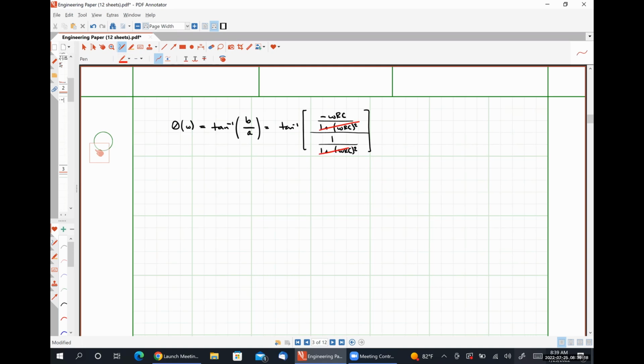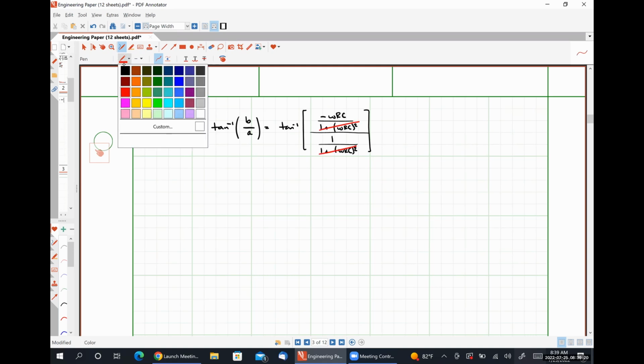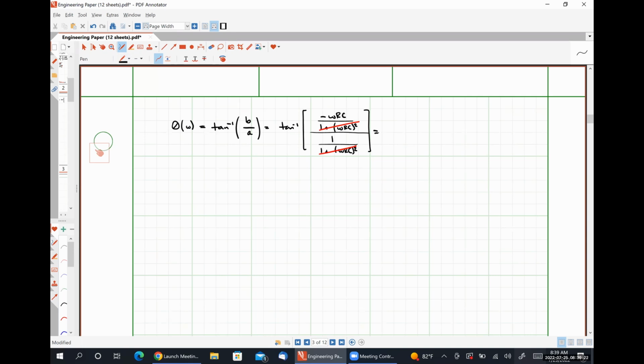This and this cancel out. And what we're left with is the inverse tangent of negative omega RC. So this is what our phase angle response would look like.